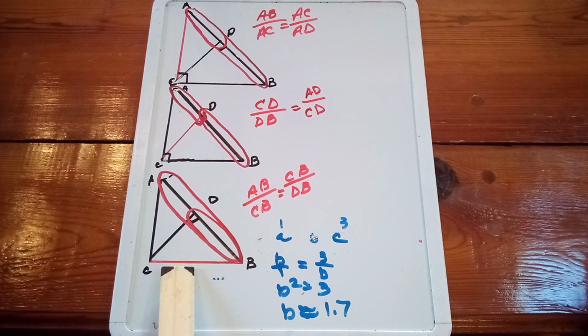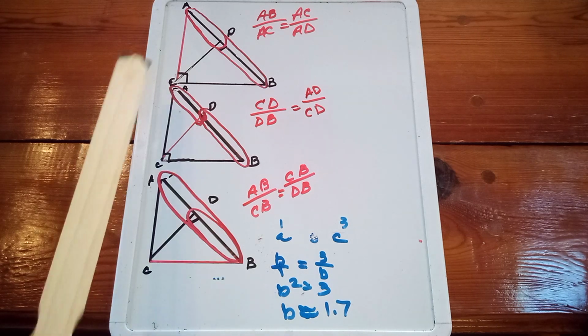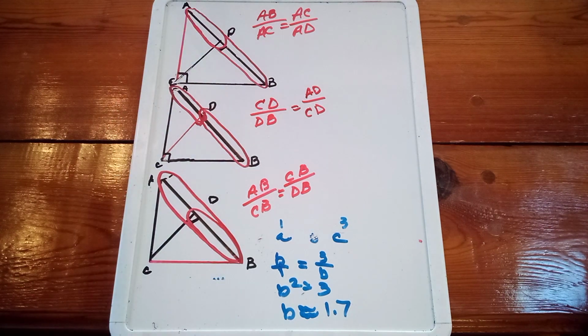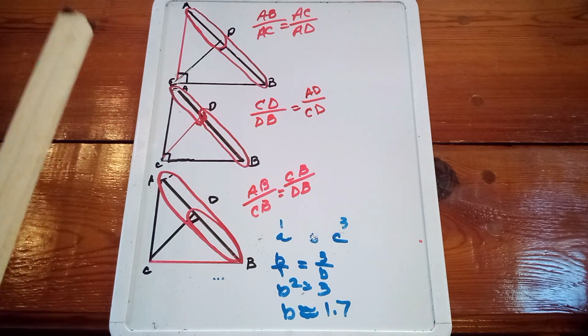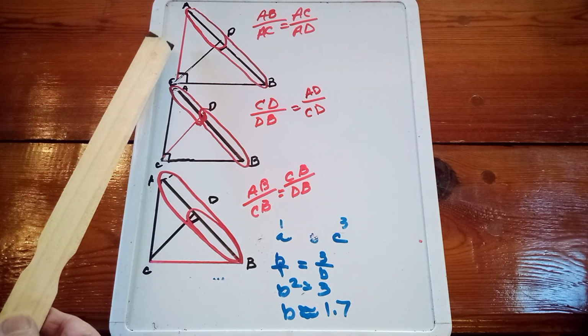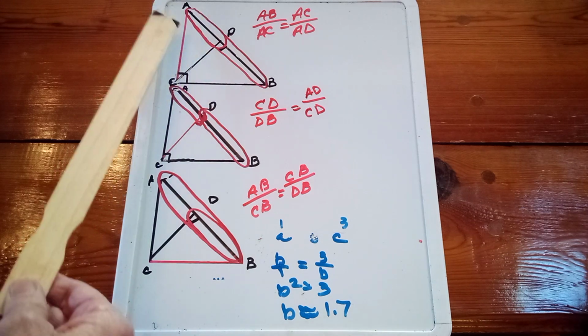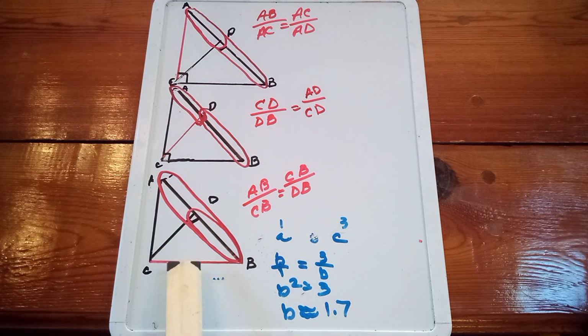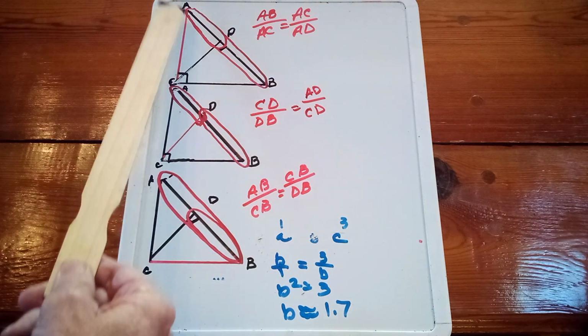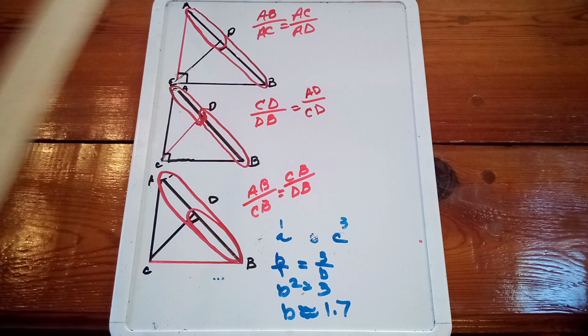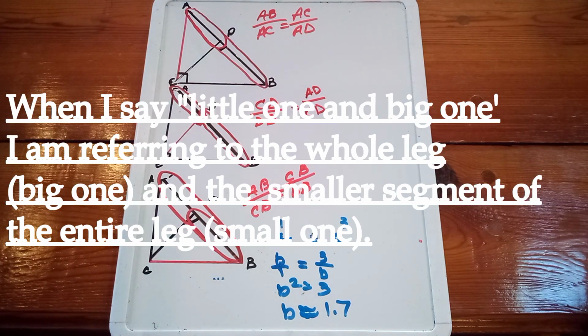Notice the mean leg touches both of them, just like up here, touches both of them. You will probably just have to remember that on my first one, the little one is touched by this line, just like down here. This line touches the little one and the big one. When I'm saying little one, big one, I mean legs.